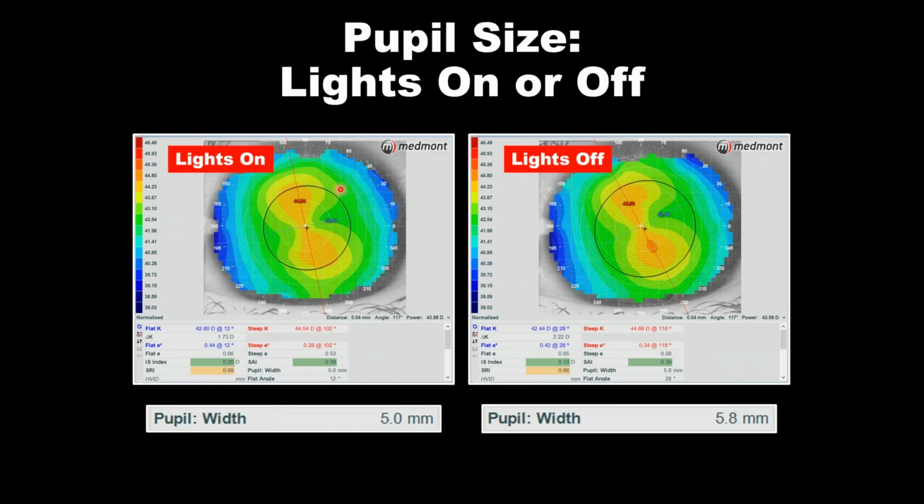As an example, if I'm using single vision optics, will my lens have a large enough optic zone in a scotopic condition? Is my multifocal lens going to provide multifocality in a more photopic situation when the pupil is smaller? So understanding lights on, lights off may be helpful with your corneal topographer.